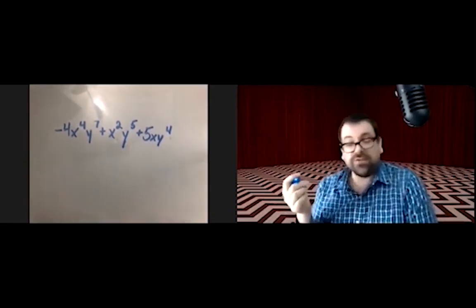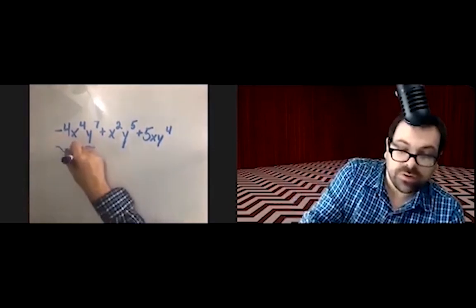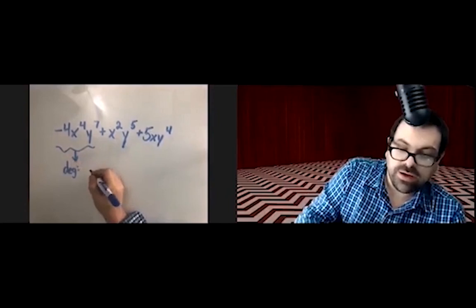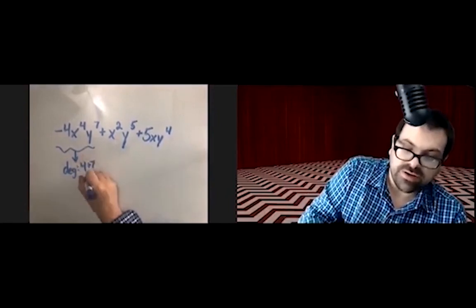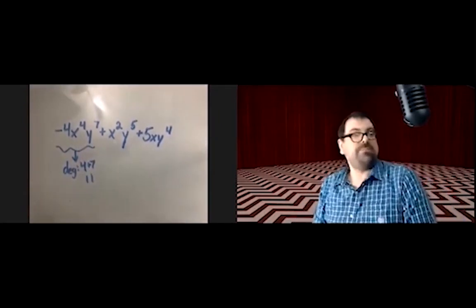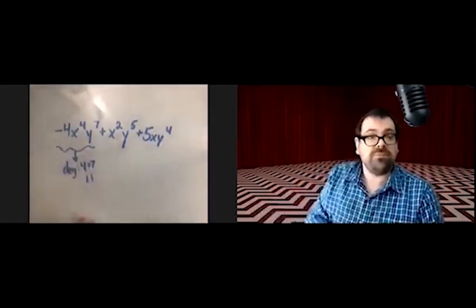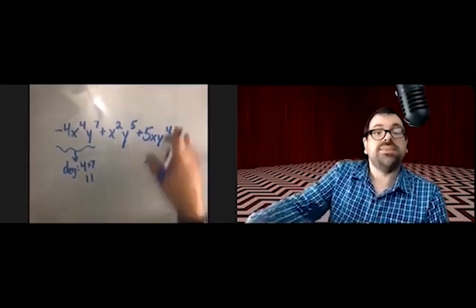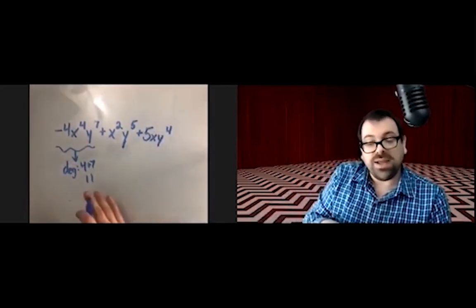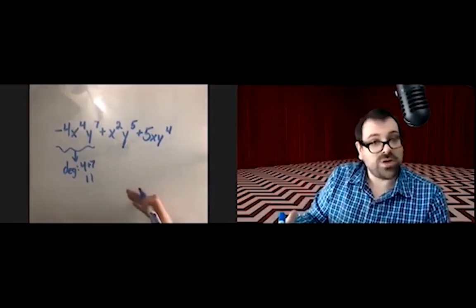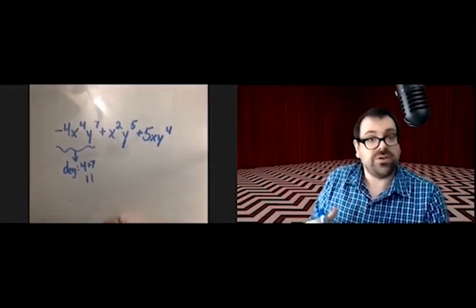But the degree of the term would be 4 plus 7, which is 11. Not the degree of the polynomial, just the degree of the term. To get the degree of the polynomial, we would have to look at the degree of each term. Whatever the highest one is, that would be the degree of the whole polynomial.